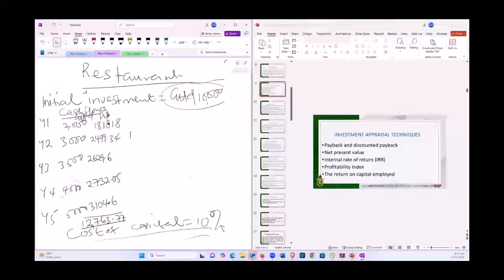And just listen to me carefully here. The internal rate of return follows the net present value procedure, but with a different focus.